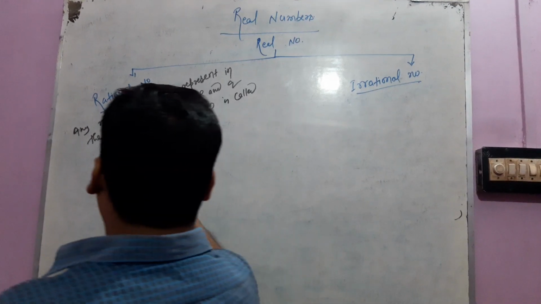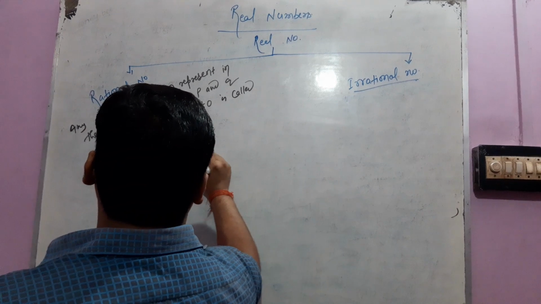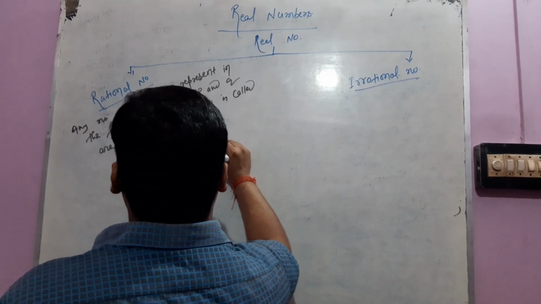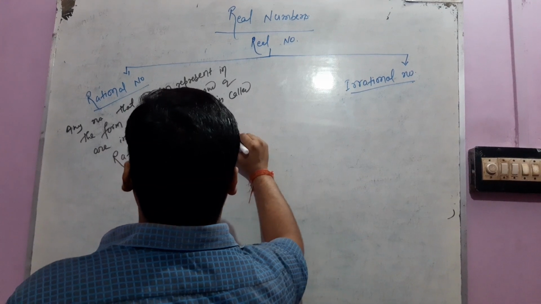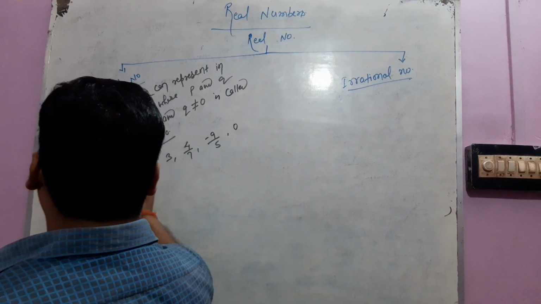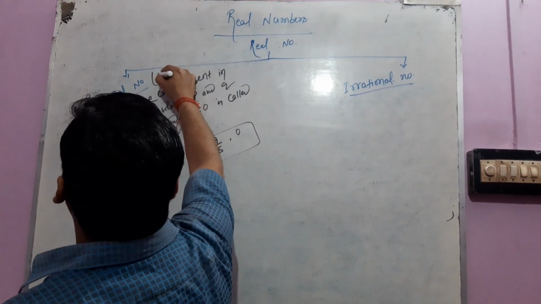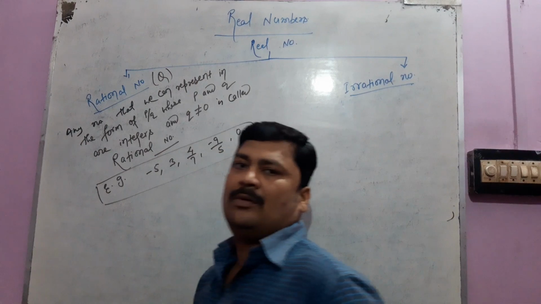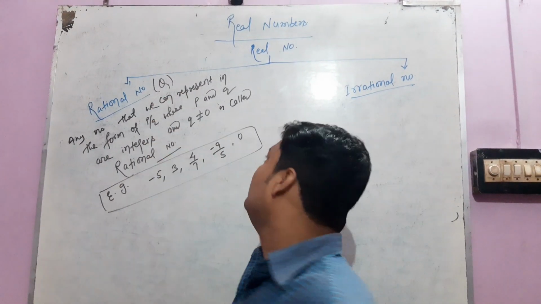For example, minus 5 is a rational number, 3 is a rational number, 4 by 7 is also a rational number, minus 9 by 5 is also a rational number, and 0 is also a rational number. These are some examples of rational numbers. A rational number is generally represented by the letter Q, which means quotient.